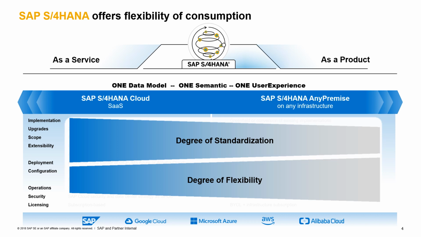As a customer, you can consume the product, SAP S4HANA, in the cloud as a 100% SaaS solution, or as a product on-premise or any premise, deployed on any infrastructure.